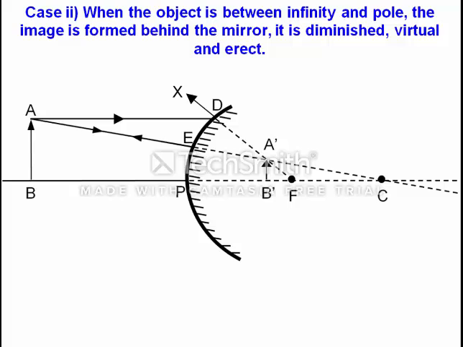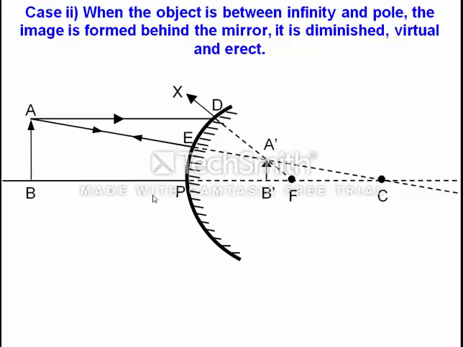So what you have to do, by seeing the image, you place the object in front of all three mirrors, as you don't know whether the mirror is concave, convex or plane.